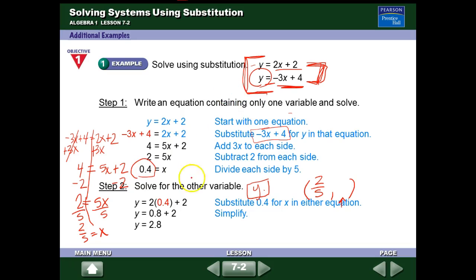Here, they substituted my 0.4 for x. For x, 2 times 0.4 is 0.8. Add my 2, we get 2.8 is my y. This is my ordered pair.